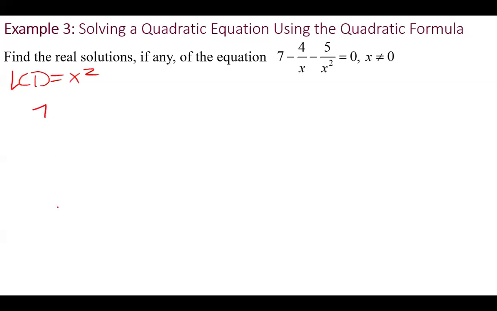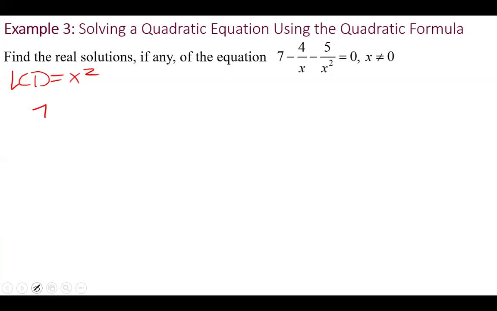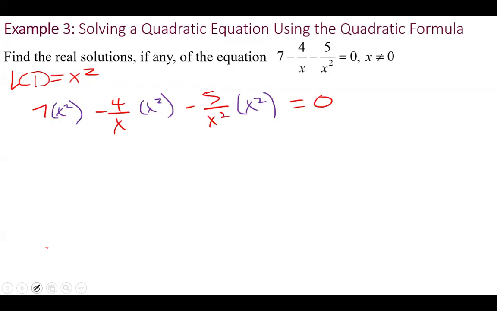So what that would look like is we would have 7 times x squared, and then we have minus 4 over x, and this is going to be times x squared, and then we have minus 5 over x squared, and then this is going to be times x squared, and this equals 0, and then this is also times x squared.